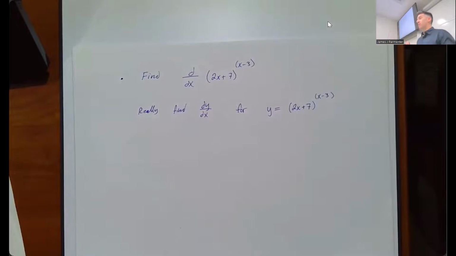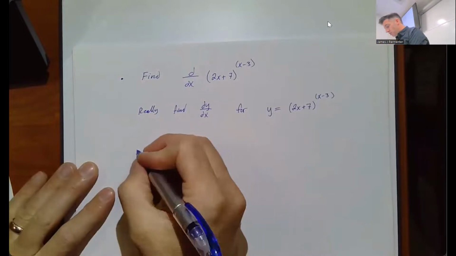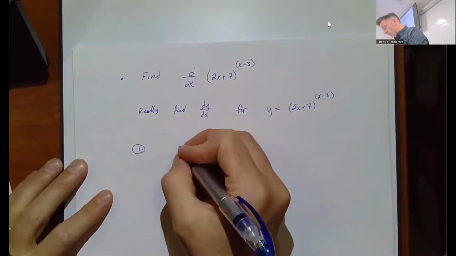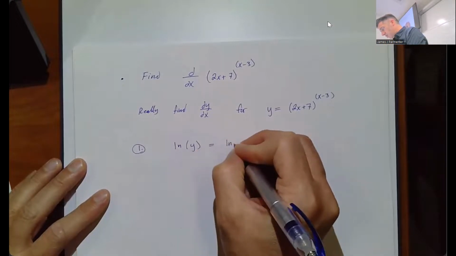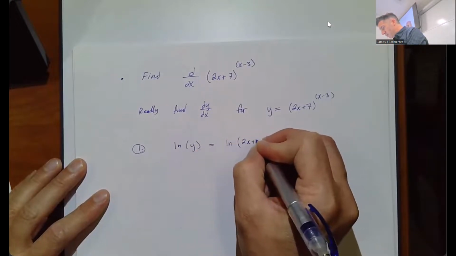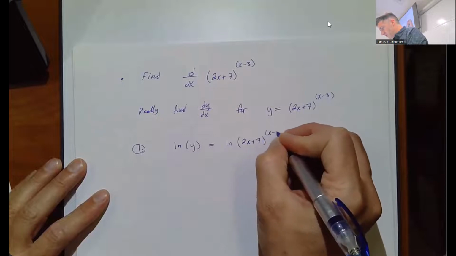And the reason it's important to actually write it as y equal to your function is because we have to take the natural log of both sides to be able to deal with the situation. So that's what we're going to do first. We're going to take the natural log of both sides. So the natural log of y is equal to the natural log of 2x plus 7 to the x minus 3.